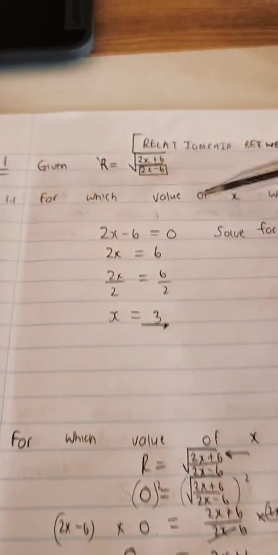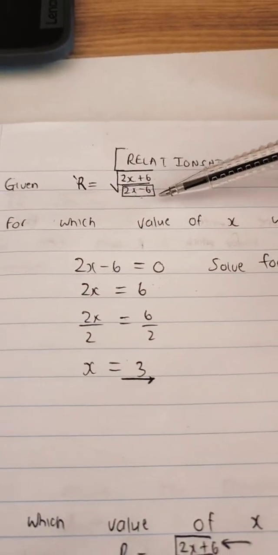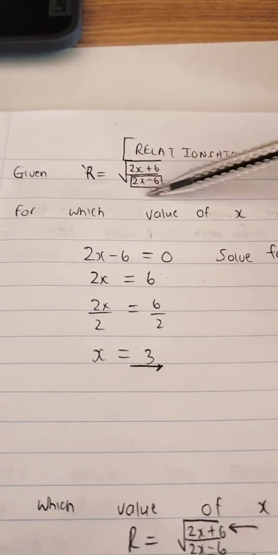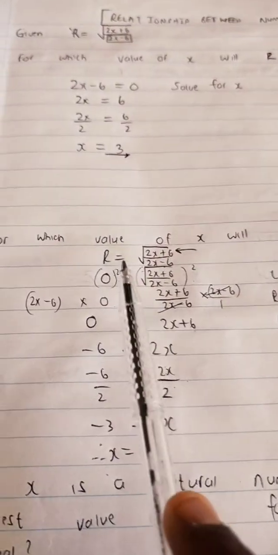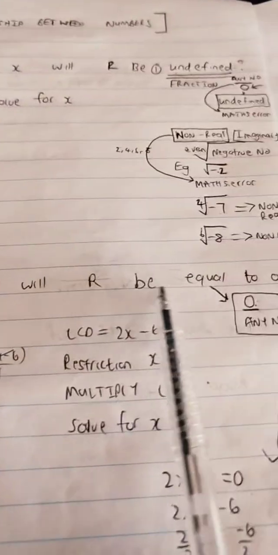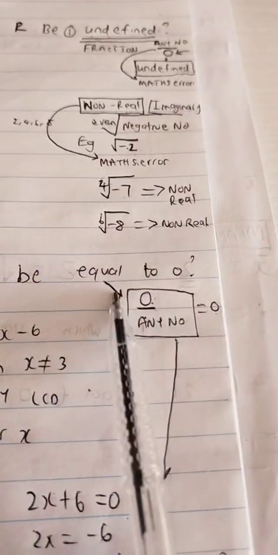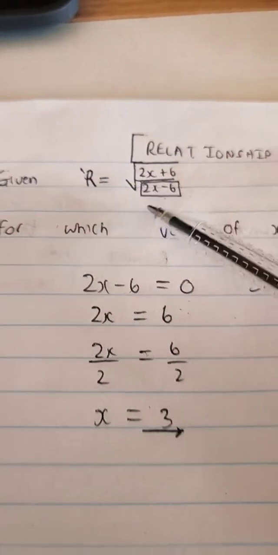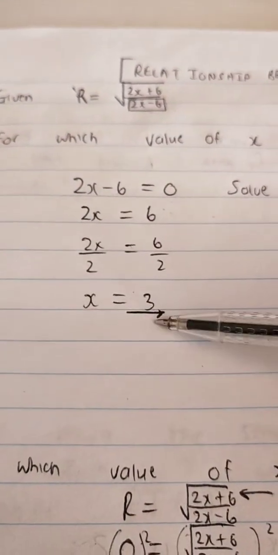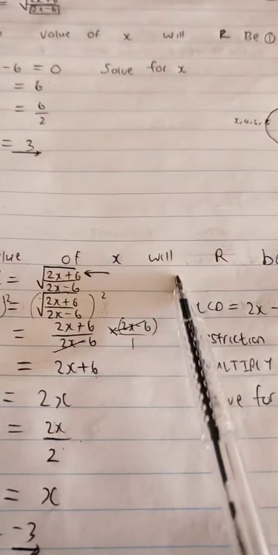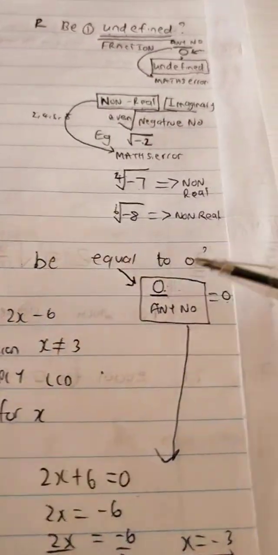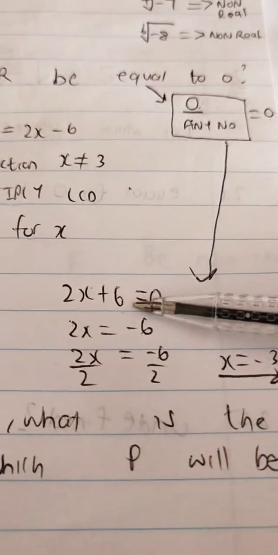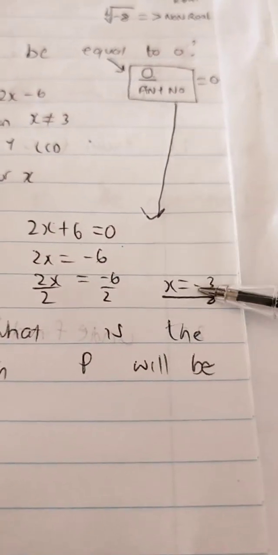So I hope, guys, so far we understand undefined means 0 in the denominator, and the value of r being equal to 0 means 0 in the numerator. So with undefined, we took the denominator, equated it to 0 and solved for x. For equal to 0, we took the numerator, equated it to 0, then solved for x.